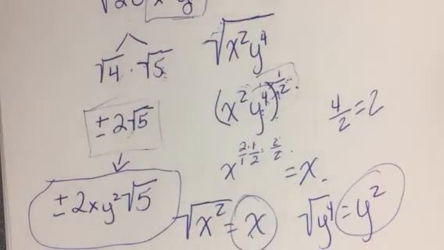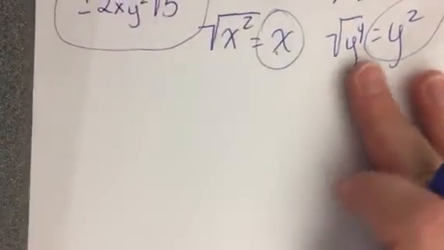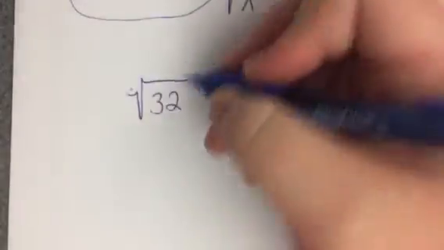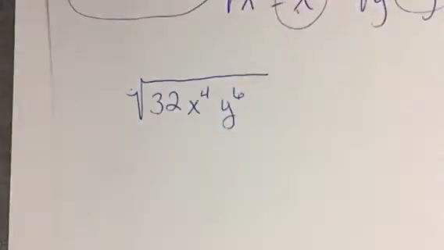Okay, let's do another one. Let's say we have the square root of 32 x to the 4th, y to the 6th.